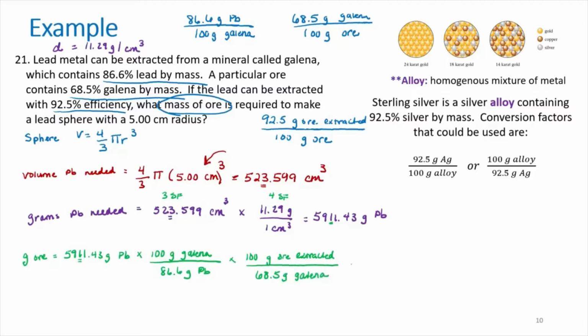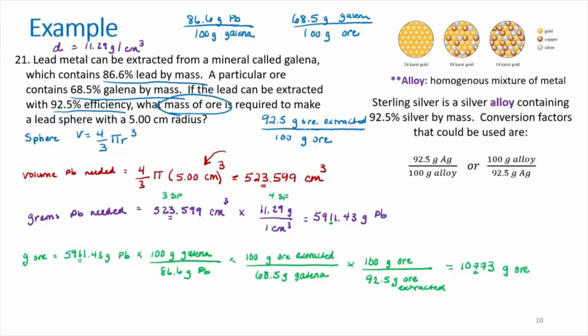And I know that for every 100 grams of ore, 92.5 grams of ore is actually extracted. Calculate all this out, and your answer is 10773. And this is grams of ore.